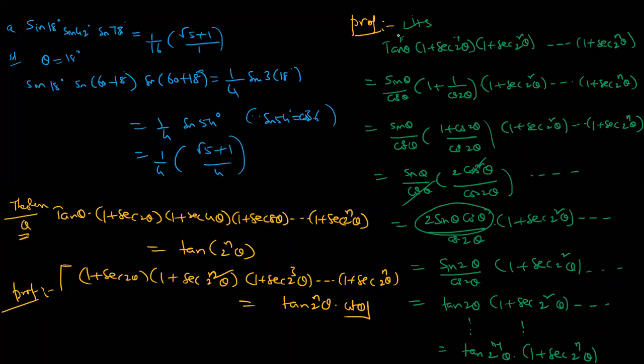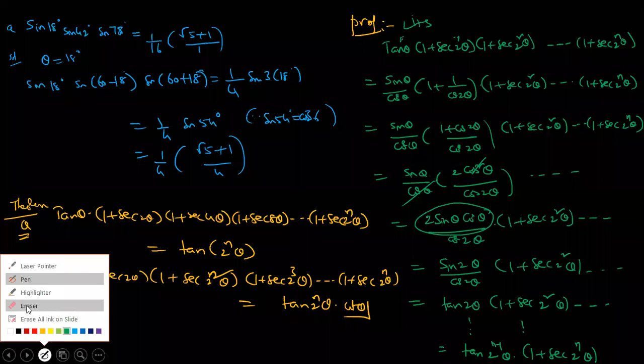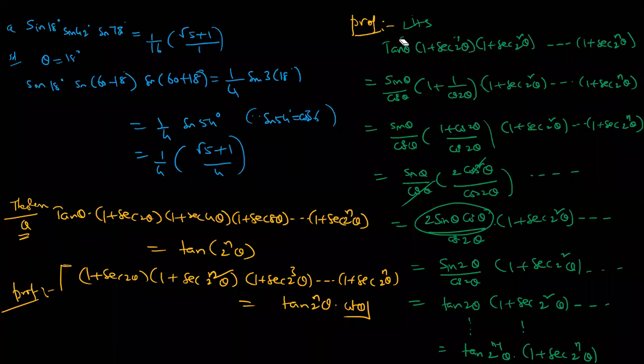Like that. So what is the answer coming? That is the answer. I will write it on the next page. Tan 2 power n theta by tan theta. Hence proved.